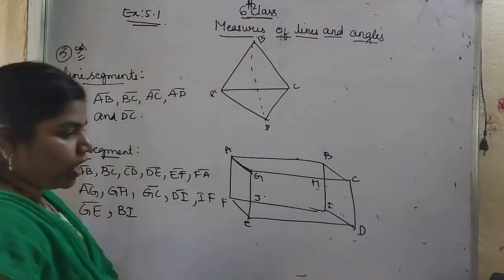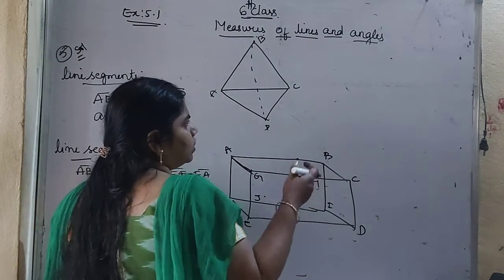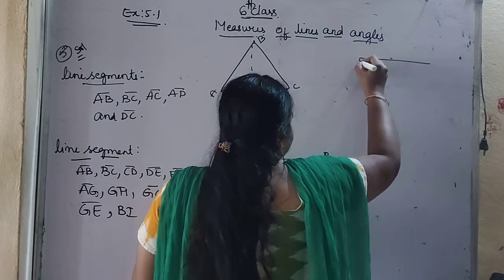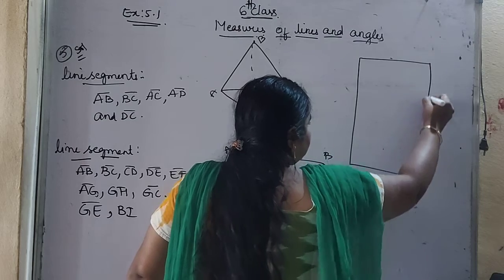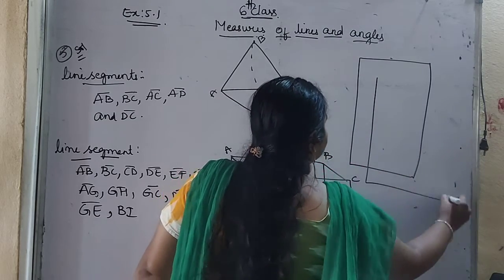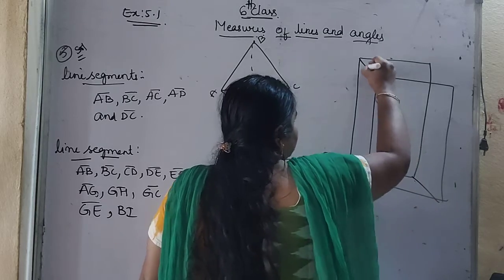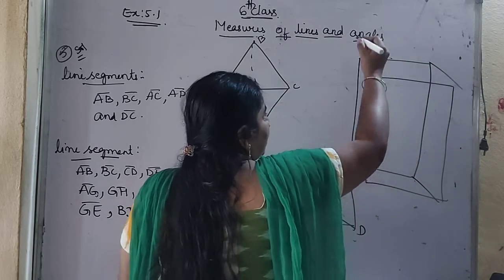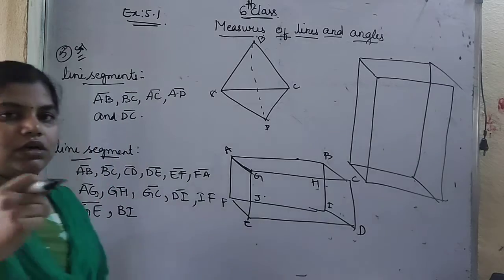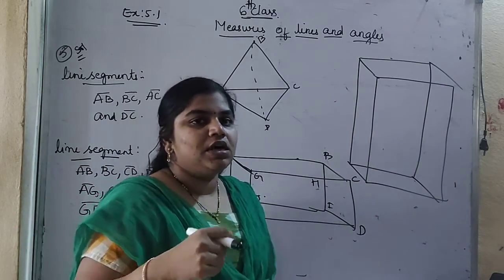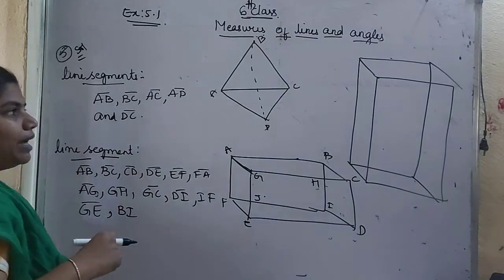So in the same way you have to draw an Almara. So Almara is also in the form of cuboid, but that is in the form of vertical order like this. So for this you have to mark all the vertices with variables and write the line segments like this.